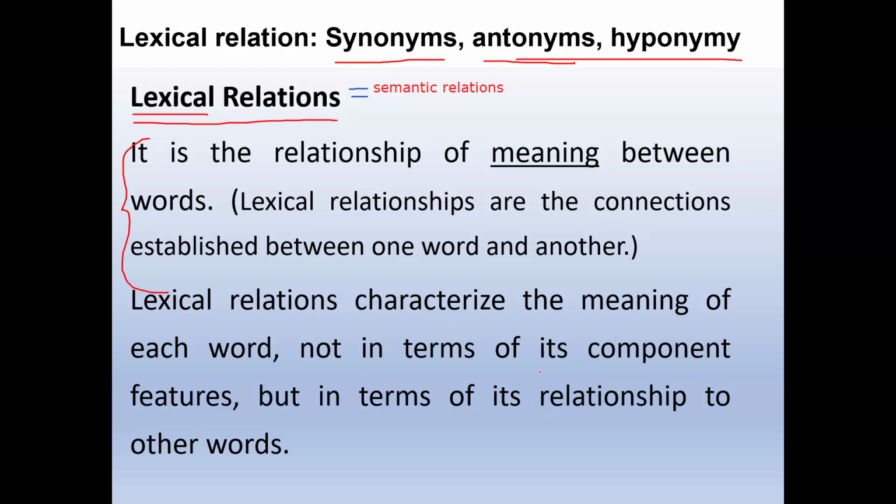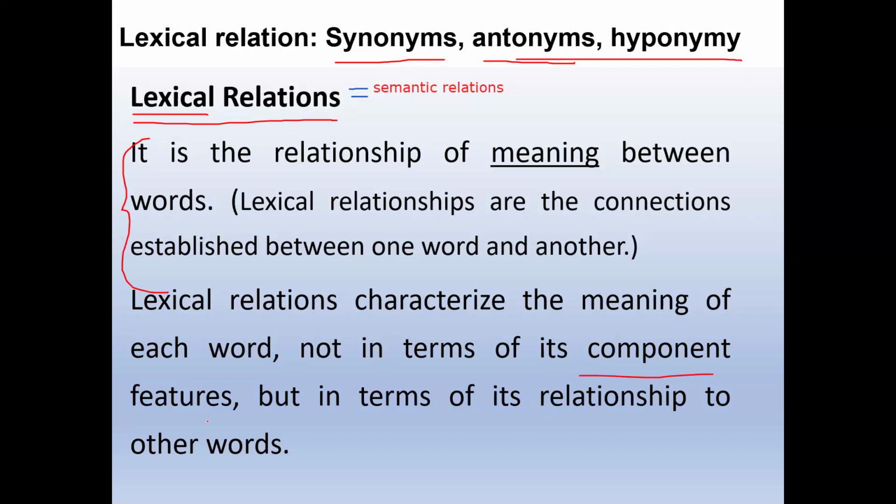So this is what I earlier told at the very beginning of this discussion. In this discussion on lexical relations, we are not going to look at the inside of words: how a particular word is formed, whether there are prefixes or suffixes and how they are attached to a root. We are not going to talk about that aspect. That is what is mentioned here as not in terms of its component features.